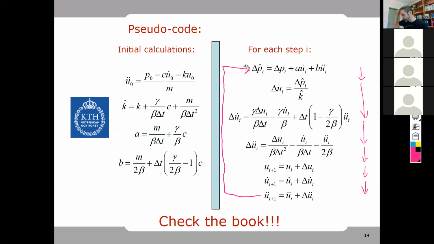And also in this method, we have to calculate the speed and the accelerations. In the previous method, the explicit method that we showed before, we could calculate it if we wanted it, but we didn't have to. But at least in this implementation of the method, we have to calculate them because they form part of our equations here.